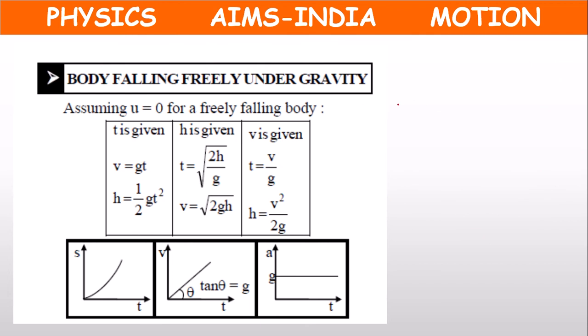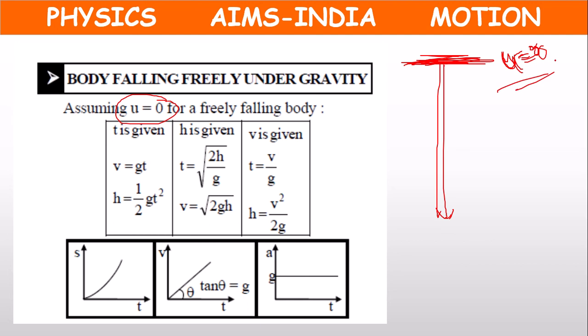Suppose a body is freely falling under gravity, so at the top point its velocity will be 0. Its initial velocity will be 0. Why? Because it is freely falling without any force. It is falling by itself. So freely falling body means we have to assume initial velocity is 0 and it is falling down.